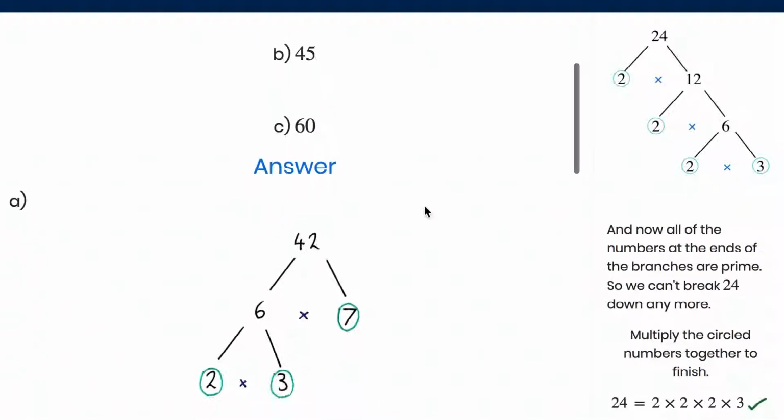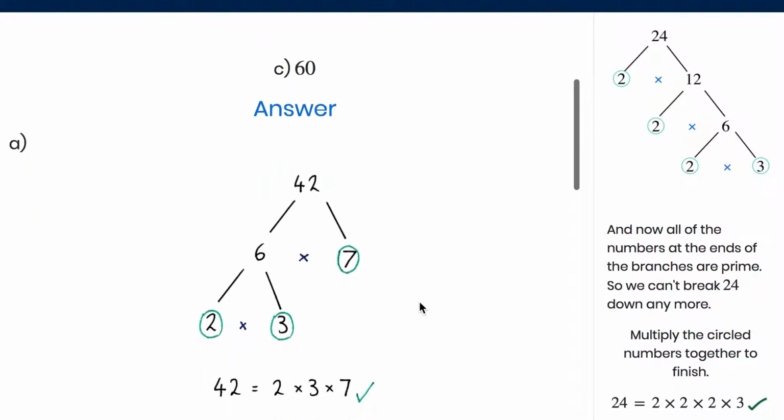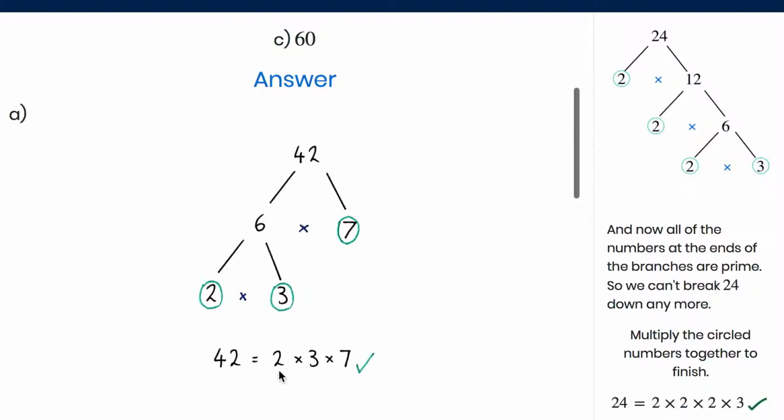Part A, we can break 42 down to 6 times 7, circle the 7 because it's prime, and break the 6 down to 2 times 3, which are both prime. So all the answers on the ends are prime, so we can write 42 as 2 times 3 times 7.